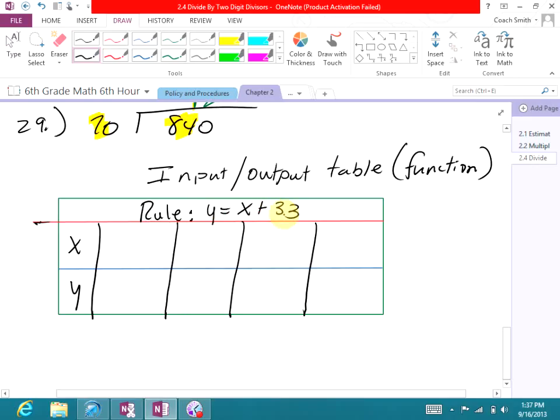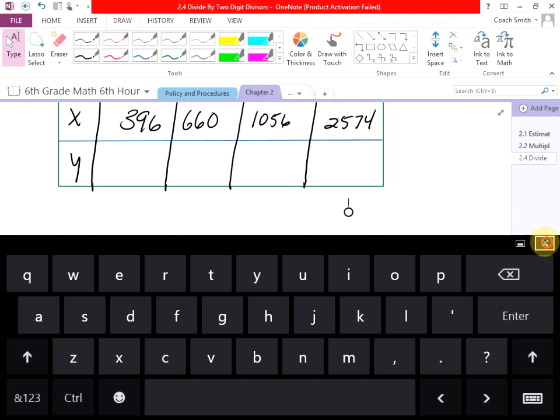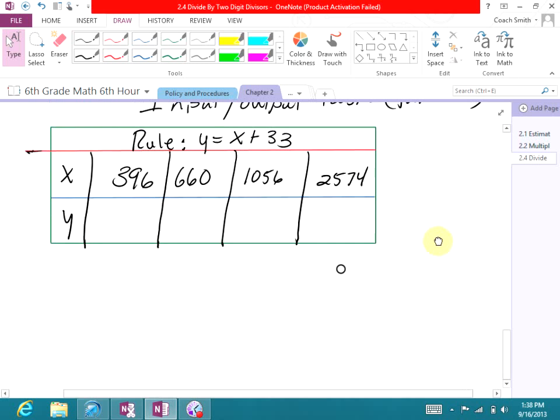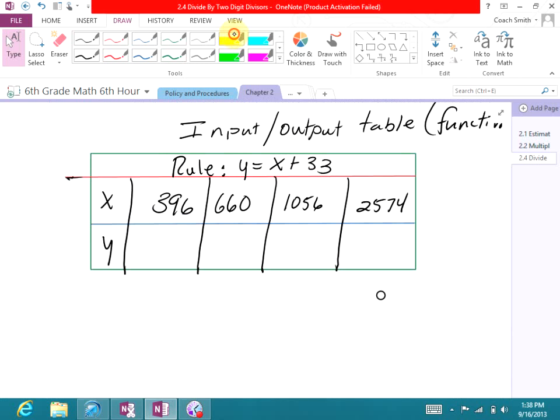In the X boxes, I have 396, 660, 1,056, and 2,574. Okay? What they want us to do is find the empty boxes, which is the Y.